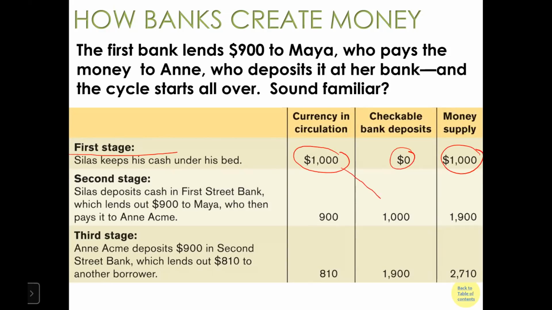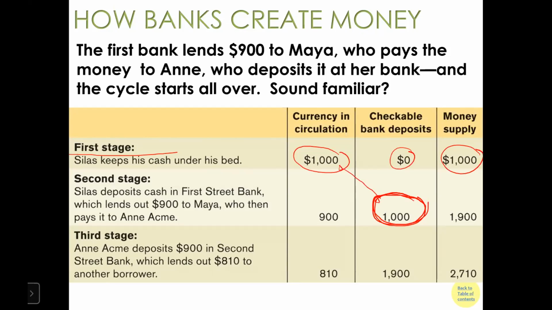Go to the second row. Silas has $1,000 of bank deposit. Before the bank does anything, the money supply equals the bank deposit. So the money supply changed from currency in circulation to bank deposit.